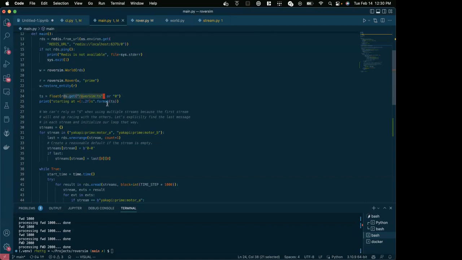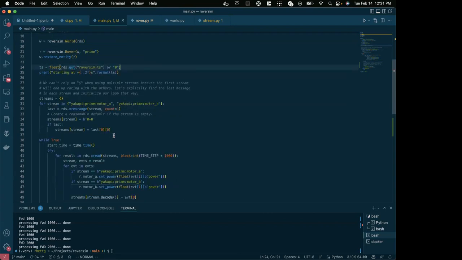So if the rover was moving forward in the simulation and you exited before it stopped, you could start it back up and it would continue moving as if no time had passed, and then stop, because it knew what time it exited and what time it started at. So I'm just using a key value here, but I can use streams for other things, and any of these data structures might prove useful.